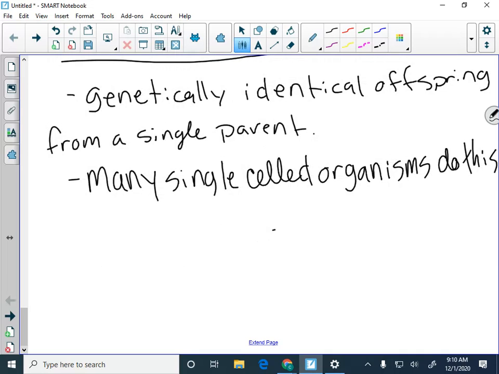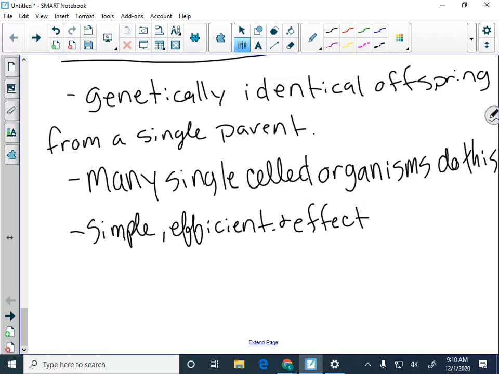It is simple, efficient, and effective. It would take a lot less time to get a second knee if I just ripped my arm off and a new knee grew out. It would help get your project through. So, this can happen in multicelled organisms.